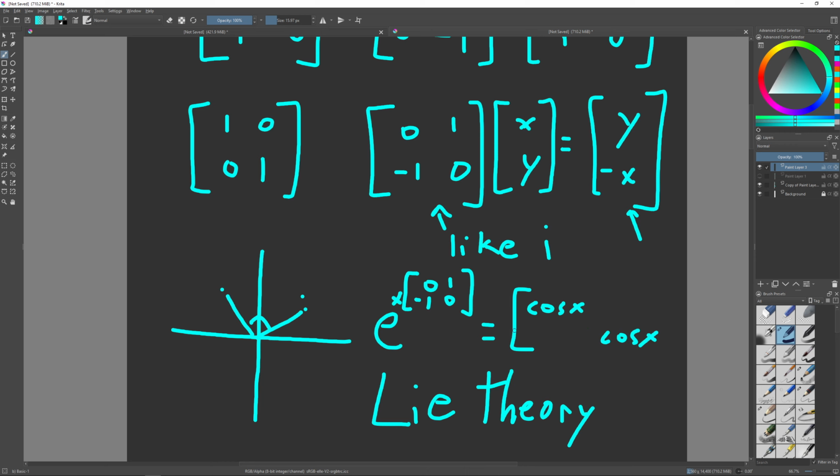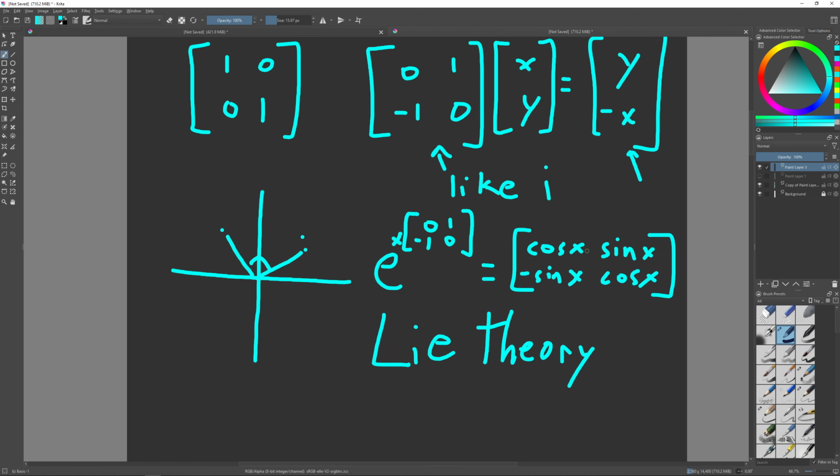Now, if there's a negative below, it'll be negative here. If the negative is above, it would be up here. The difference between these negatives being below or above is just a difference between clockwise and counterclockwise rotation. But this is a matrix that will rotate by x.